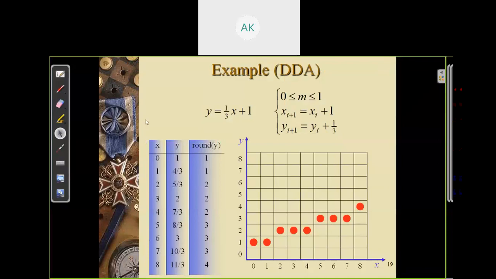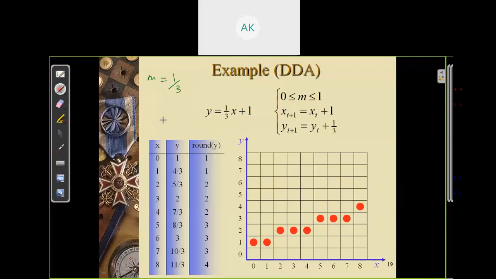Okay, let me explain with the mouse also. When the equation of line is this, then m will be 1 by 3, which is less than 1. Then if your m is less than 1, you are moving x with unit interval and corresponding to it you are finding the value of y. Suppose your initial point is 0, 1, then you are moving x with unit interval 0, 1, 2, 3, 4, 5 and finding the corresponding value of y.